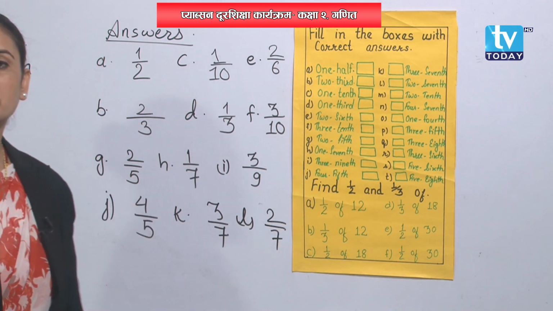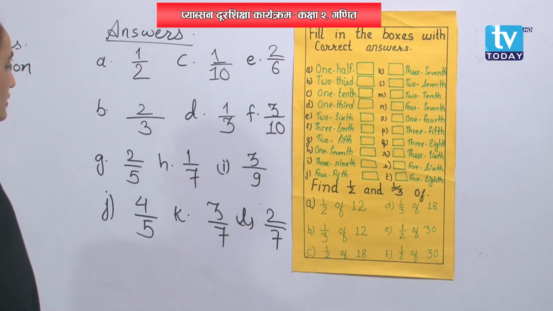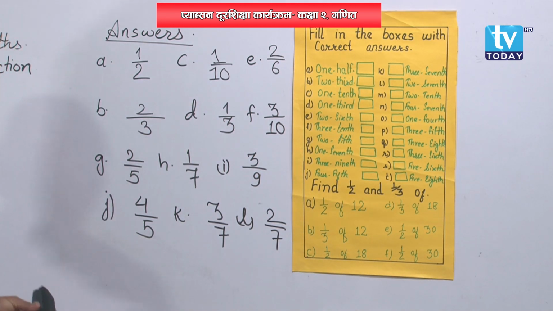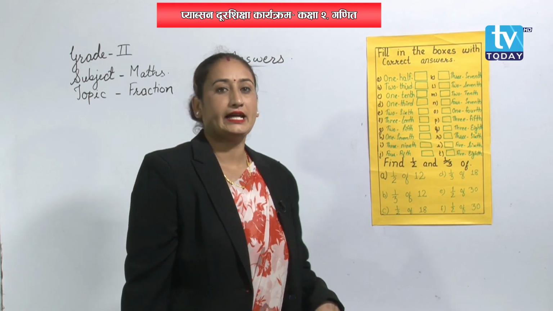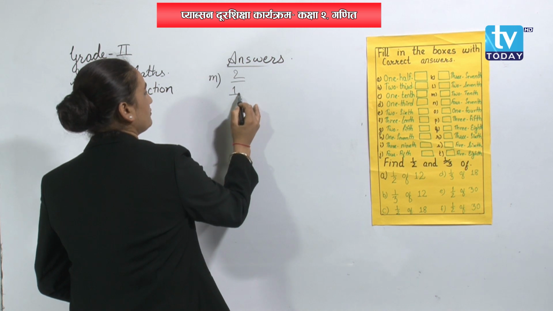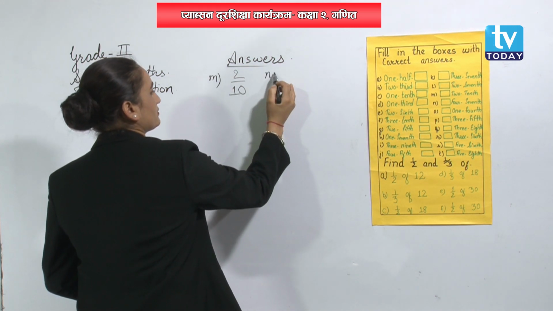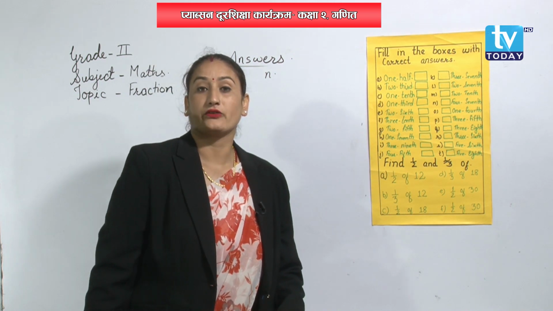Are you writing also? Okay, please go on writing also, okay. Now, 2 tenth. Out of 10 parts, how many parts are shaded? It's 2 parts. So, 2 out of 10. 4 seventh, right?